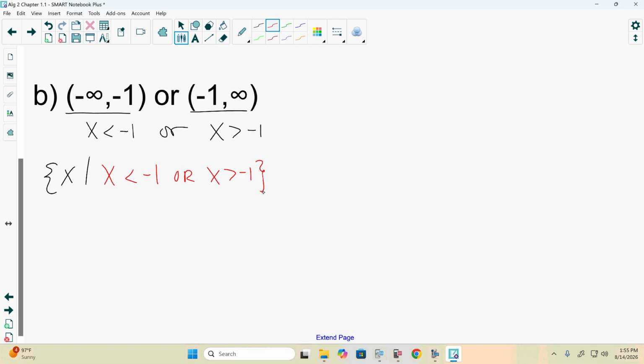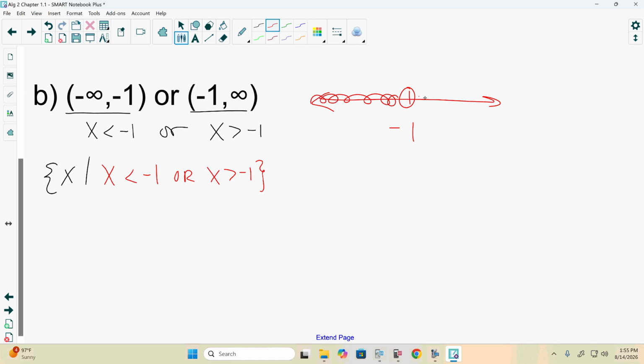Funny enough, we can actually write this simpler. Think about the numbers, or look at how this is describing the interval. We want all the numbers less than negative 1, yes? We also want all the numbers greater than negative 1. So if I drew this on a number line, this would be the less than negative 1, yes?